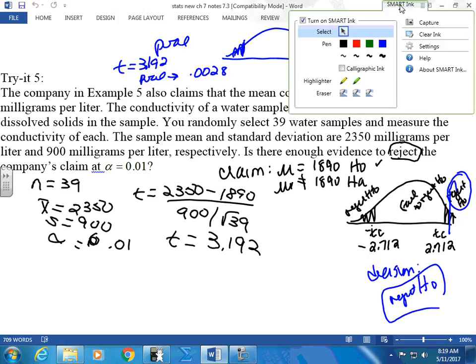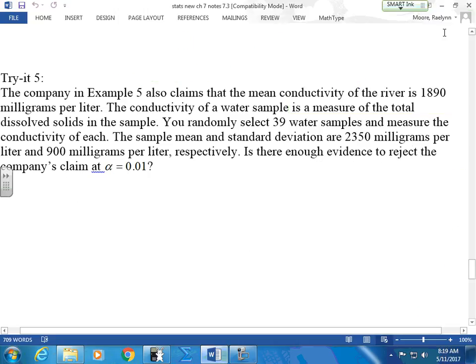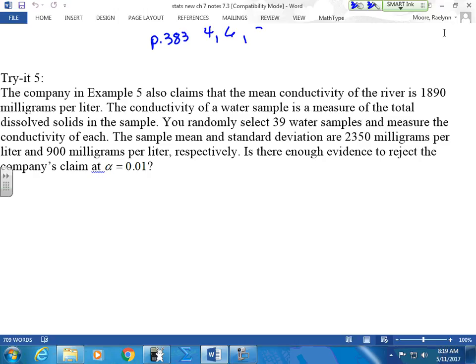I'll write it here. This is a 6. Sorry. That's a 6. These three are just setting up finding reject regions. There's nothing to test.